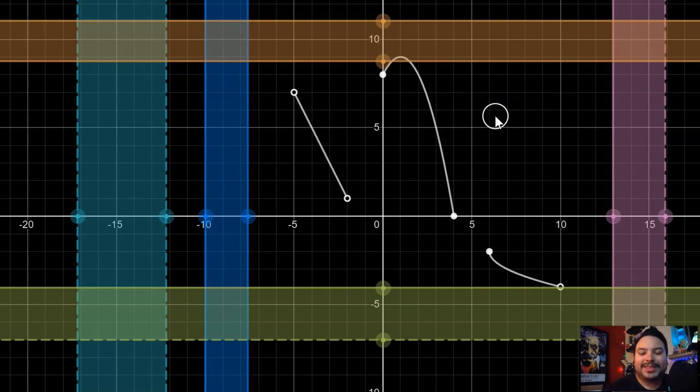That's because we have several different domains and ranges we actually have to look at here. So let's start with a domain. Now, here I see there are 3 pieces of graph, and it looks like there are 3 different domains I can choose from.